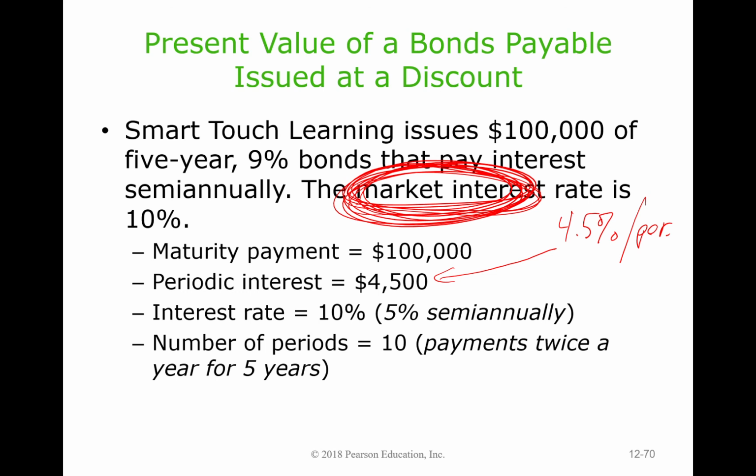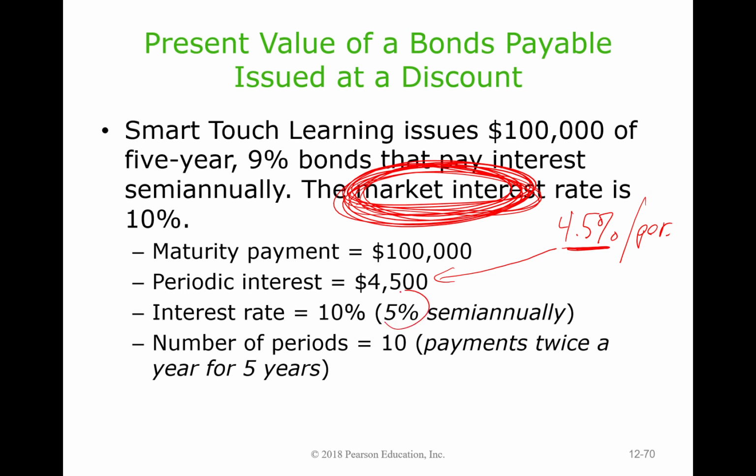You have to understand this. The market rate is used to calculate the present value. The interest rate on the bond is used to calculate the amount of interest payment the bond issuer pays.